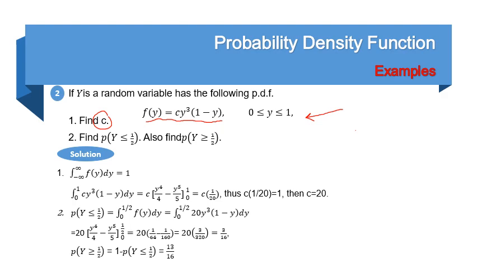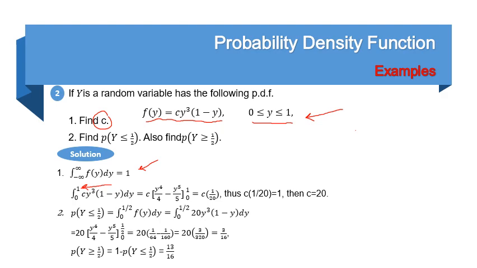And again, as we did before, we can apply the rule that the total area under the curve, or the total integration, equals 1. And since our variable works only from 0 to 1, we can integrate from 0 to 1 over the density function after simplifying, as we said.